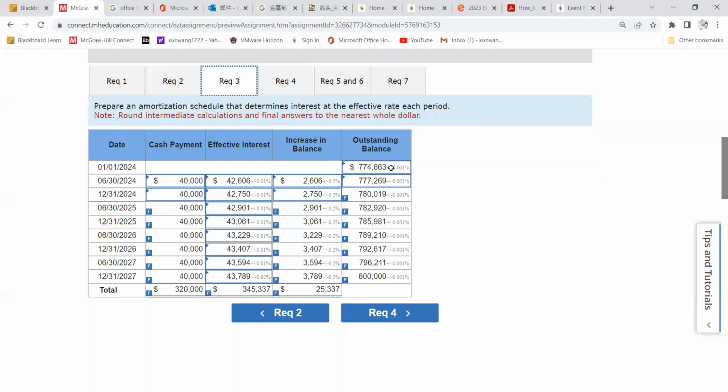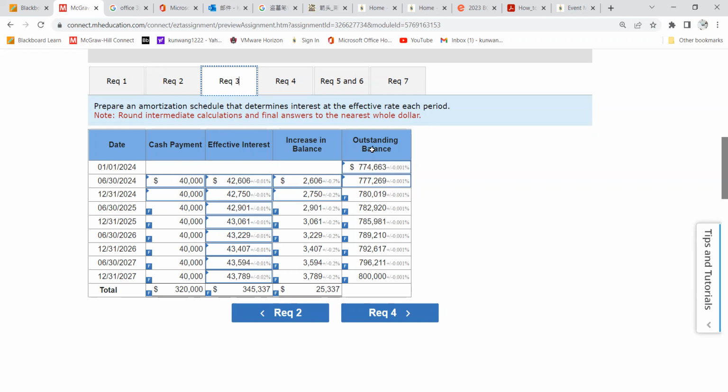So when you use the outstanding balance, or you can say the book value, be careful. That's the one we later disclose in the balance sheet. And the effective rate, the interest expense, we disclose in the income statement.